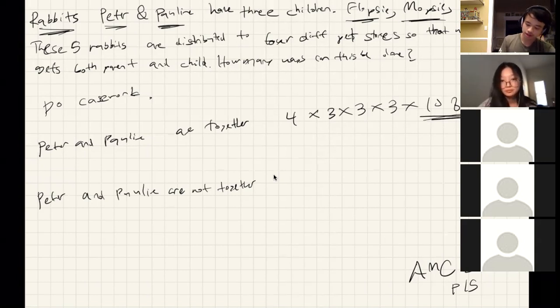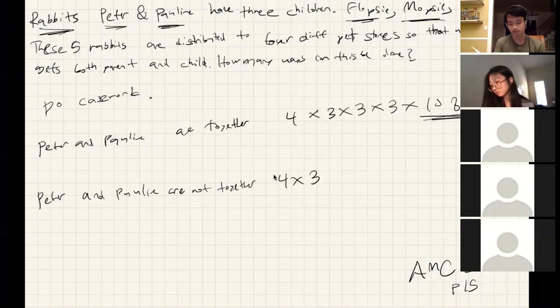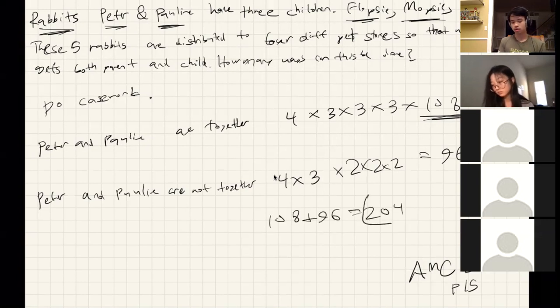Peter and Pauline are not together. So there's 4 ways to place Peter, I guess. 3 ways to place Pauline. And then each of the 3 children, now there's only 2 stores to choose from. 2 times 2 times 2 equals 96. So 108 plus 96 equals 204.